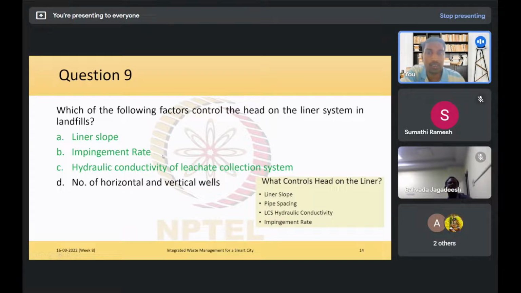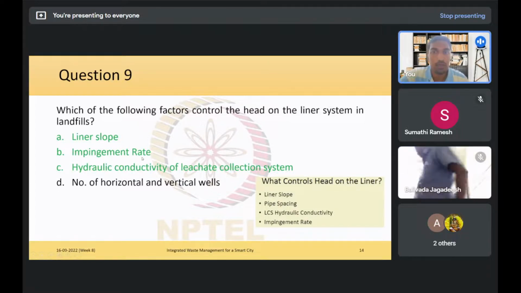If more leachate is coming onto this leachate collection system, the head on the liner will be higher, right? So the more the input, the more the head. Whereas the liner slope is about how much is going out of this landfill. So both input and output are going to affect the head on this liner system.